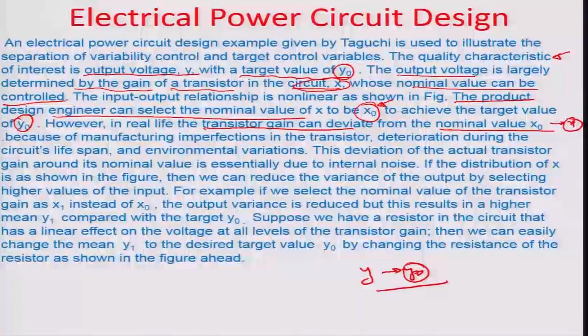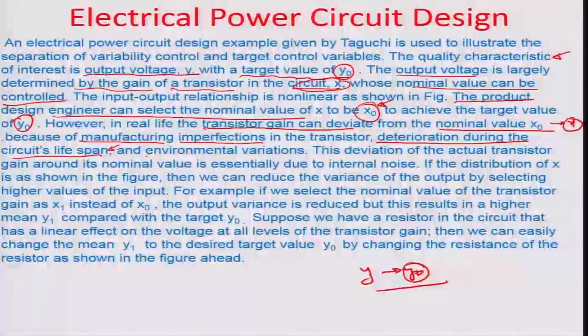To any other x which is greater or lesser than x0, and these deviations are typically because of many reasons, like variation in manufacturing. There may be imperfections or defects, particularly in the purity of the silicon crystals used to make transistors, or even some other polymers which are used sometimes to make transistors. You can also have deterioration during the circuit's lifespan, or change of resistance elements related to the interconnects which may lead to such response variation.